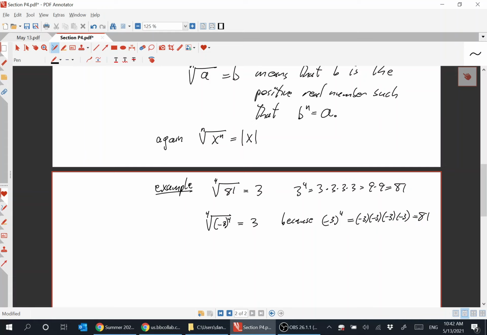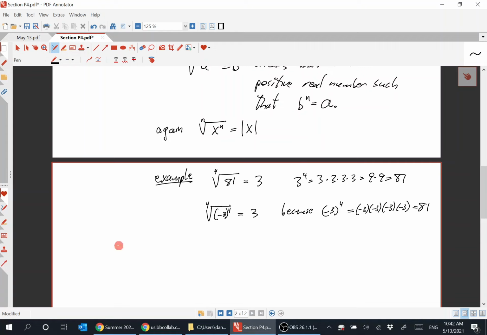So you have this problem again with a positive number to an even power and the corresponding negative number to the even power giving you the same result, in this case 81. So we have to have that same convention that the nth root of x to the n is the absolute value of x when n is even.